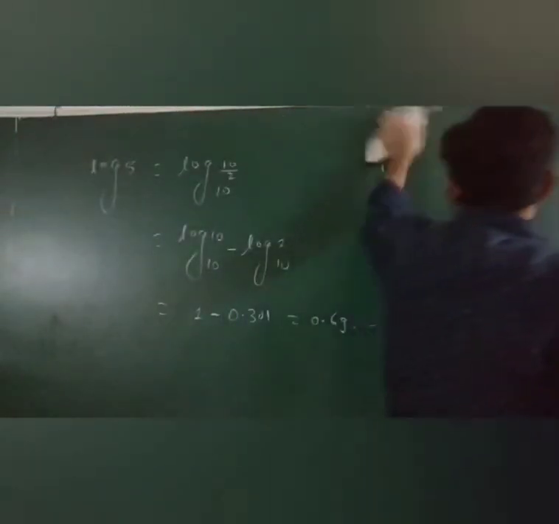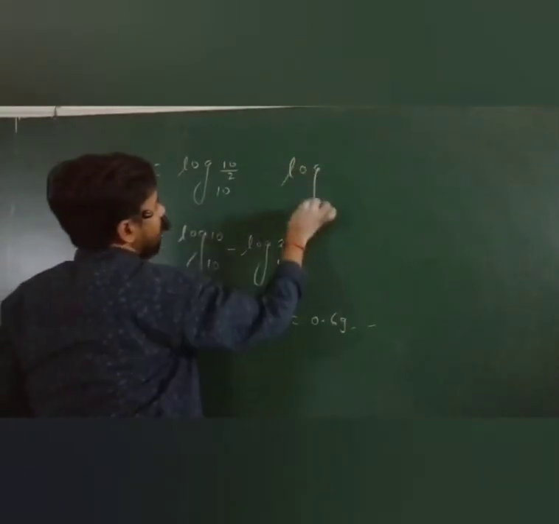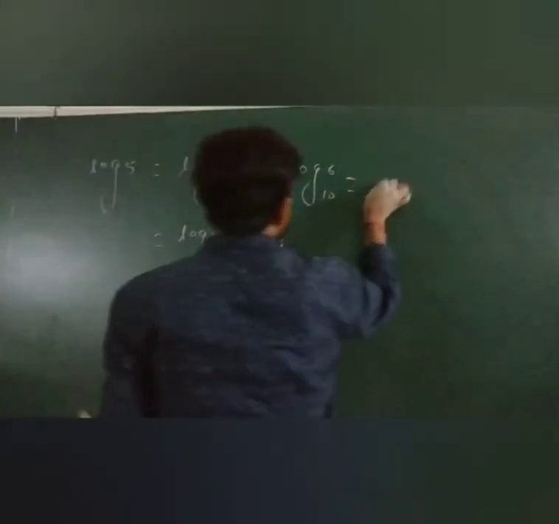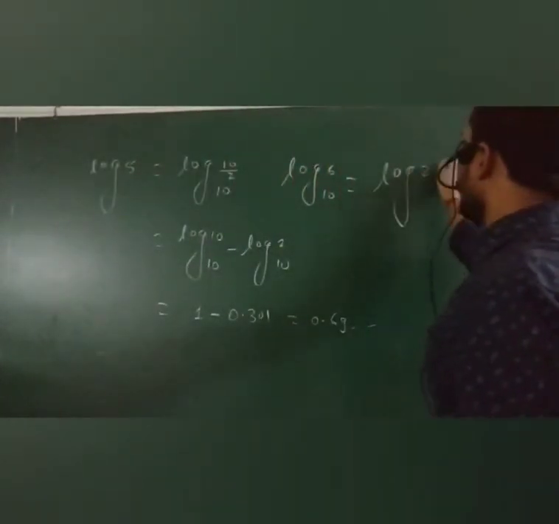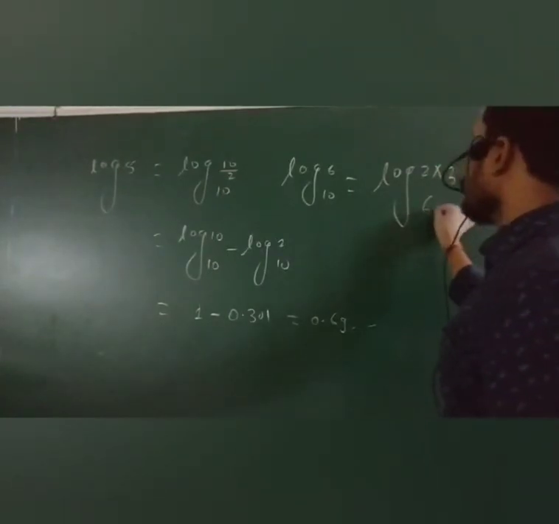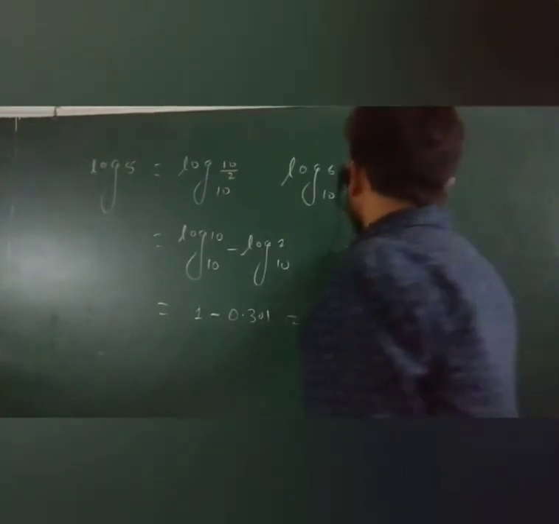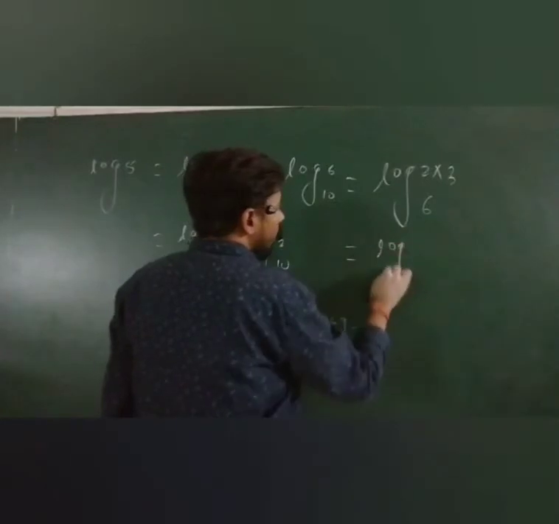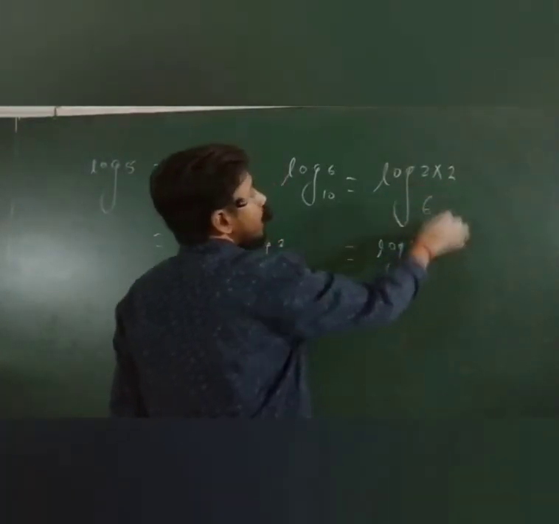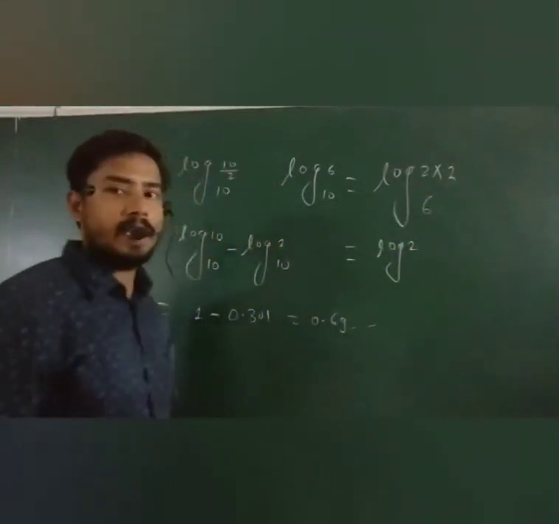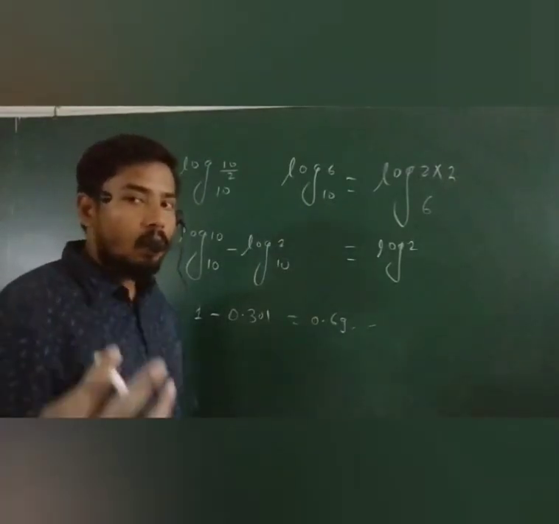Simply you can calculate log 6. See, log 6 base 10, how can we write this? We can write this as log of 2 into 3. So this becomes, my dear, apply the multiplication rule: log of x into y is equal to log x plus log y.